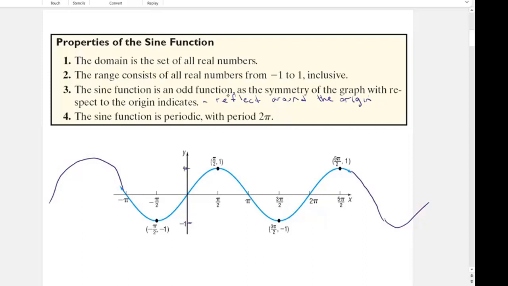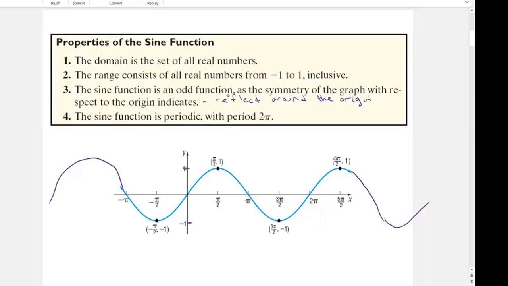And if you take this graph and you draw a picture and you turn it completely upside down, it should look exactly the same. Okay, it does, right? That's because it reflects around the origin. So anytime you have a reflection of a graph around the origin, just flip it 180 degrees and it looks the same. You have the same graph, okay?